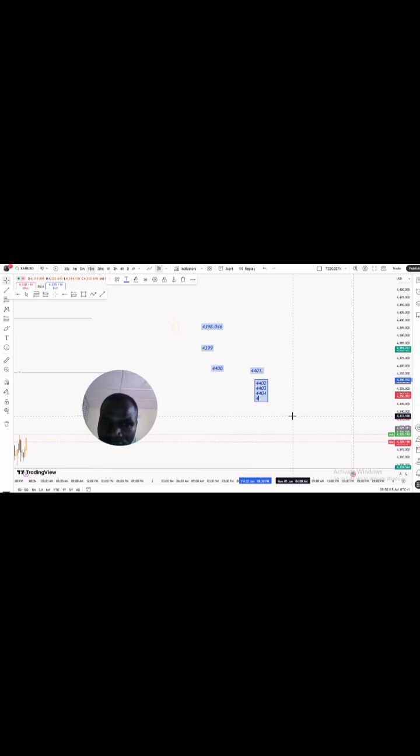If gold moves to 4,405, this is 50 pip movement. And if gold moves to 4,406, this is 60 pip movement. If gold moves to 4,407, this is 70 pip movement. If gold moves to 4,408, this is 80 pip movement. If gold moves to 4,409, this is 90 pip movement.